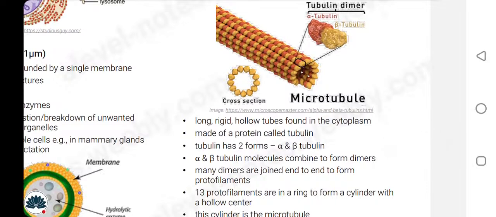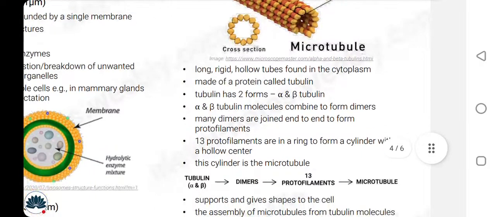This is a microtubule, long rigid hollow tubes found in the cytoplasm made of a protein called tubulin. Tubulin has two forms, alpha and beta tubulin. Alpha and beta tubulin molecules combine to form dimers. Many dimers are joined end to end to form protofilaments. 13 protofilaments are in a ring to form a cylinder with a hollow center.